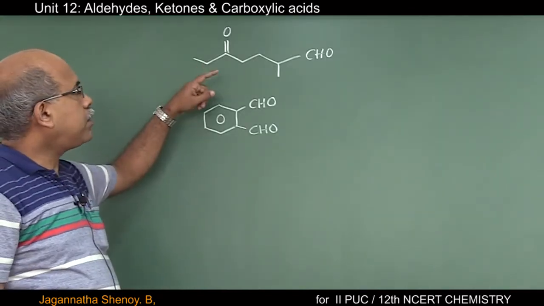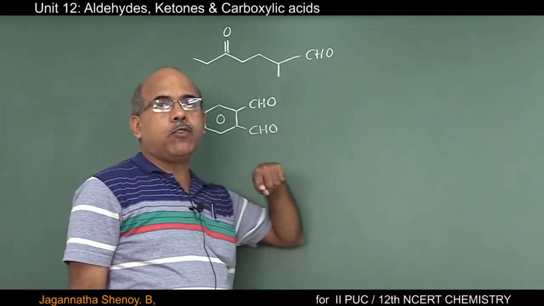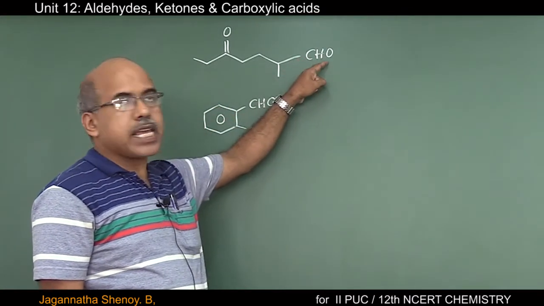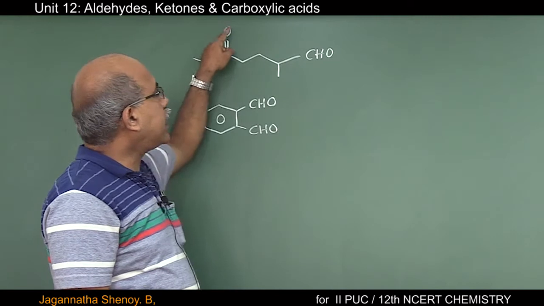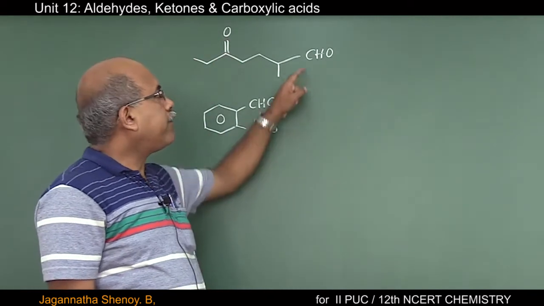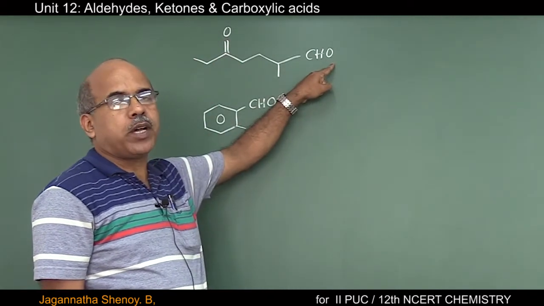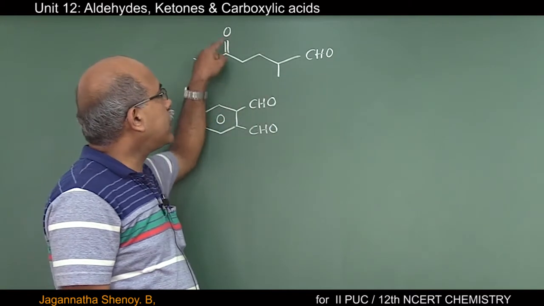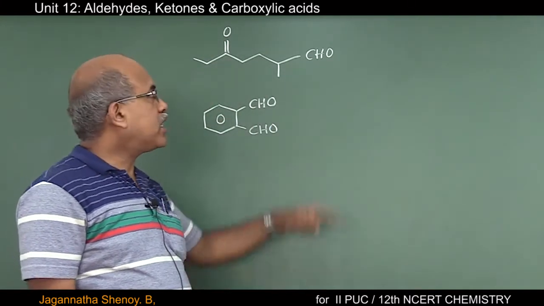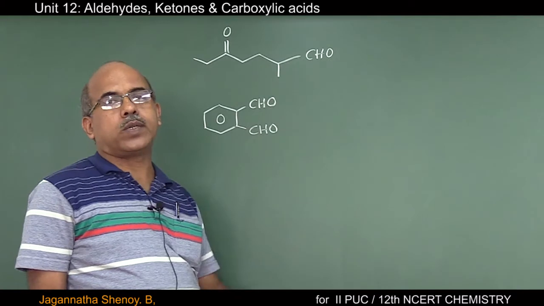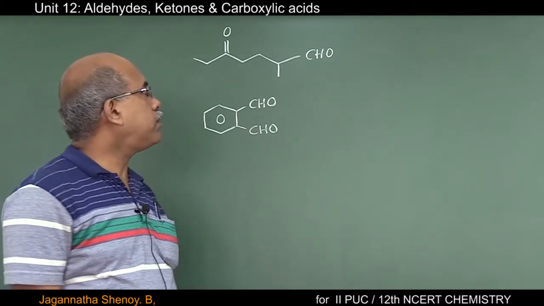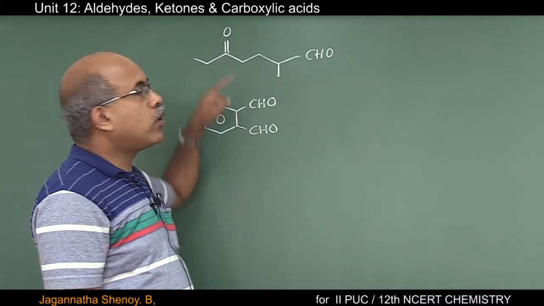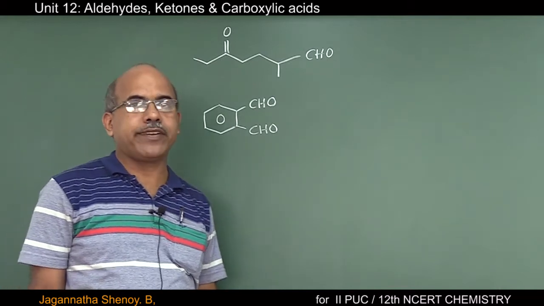With this example, we have 2 functional groups. One is CHO, another one is C double bond O. And we know that the CHO group gets a priority over C double bond O. That is why CHO is the principal functional group and C double bond O becomes the subordinate functional group.